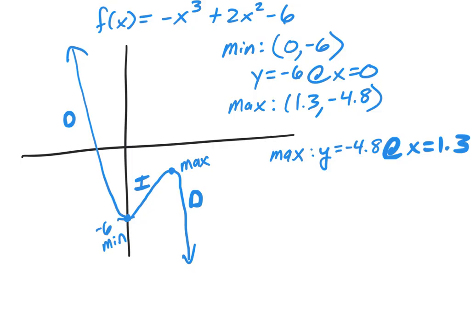A lot of times people want to use the -6 because that's where it reaches its low point, but x equals 0 is the x value. And then it's going to go from 0 over to 1.3 to increase, and then 1.3 to infinity it would decrease again. Okay, so a little bit different on writing the increasing and decreasing function. Okay, I think that's all we got.